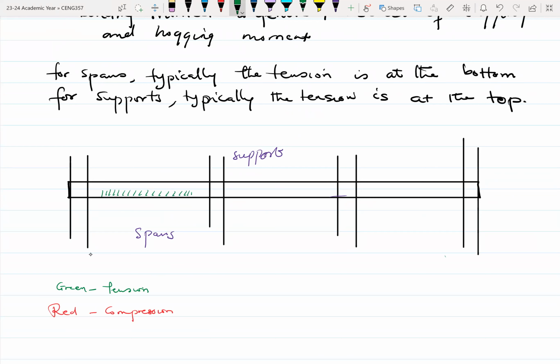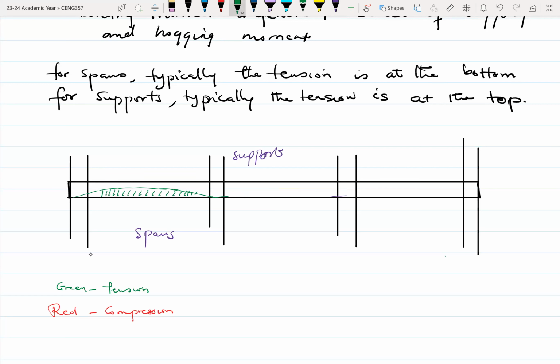So just that as you go towards the support, your tension zone reduces, right? So it reduces, then it comes up again, then it goes down, then it comes up.